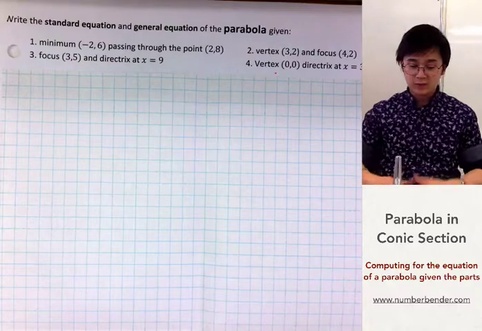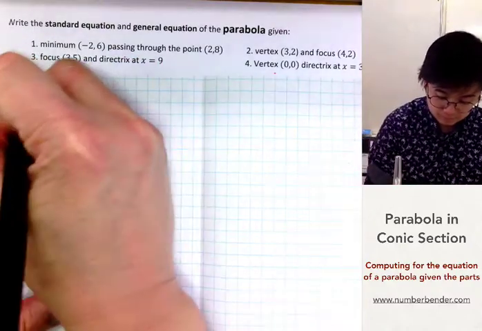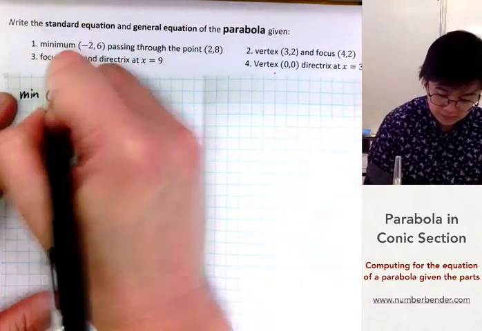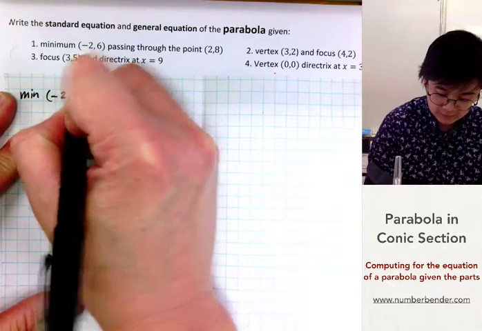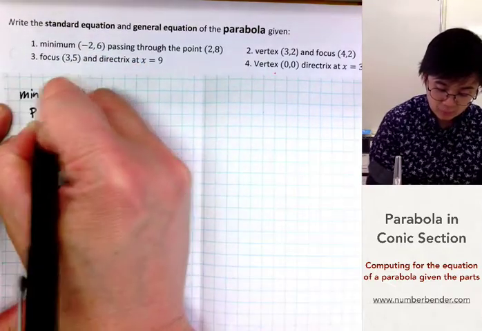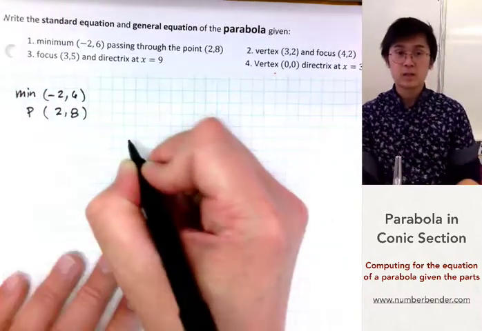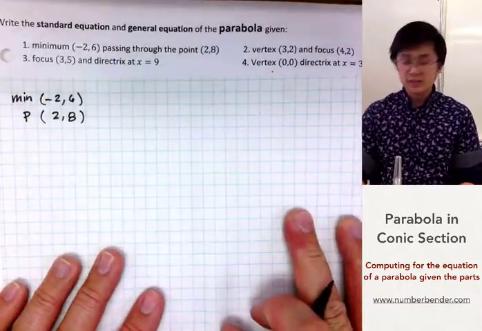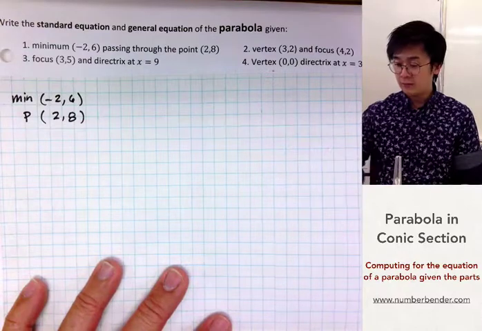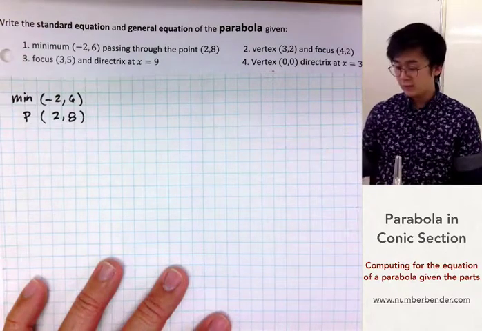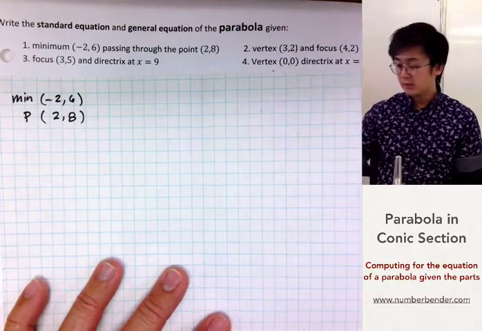And we are only given the minimum point, which is at -2 and 6, and passing through the point 2 and 8. Now, if we're going to sketch the given information in our graphing paper, we'll be able to visualize how the parabola is opening.